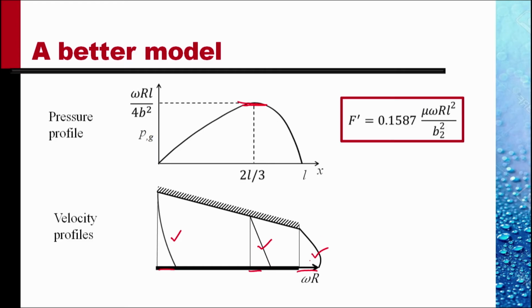The force that this bearing can support, the thrust, is 0.1586 into mu omega R L square divided by B2 square. This is not very different from the estimate we made by a very crude model of the bearing.